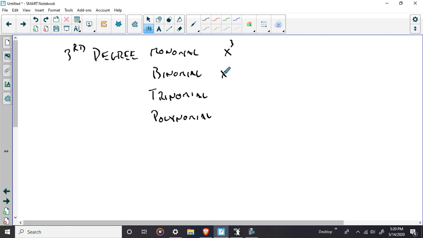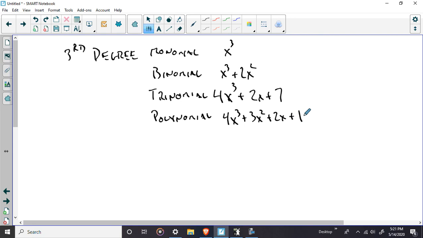Binomial, right? Third power. Trinomial, I'll say 4x cubed plus 2x plus 7, right? Or you can have 4 terms, right? We could say 4x to the third plus 3x squared plus 2x plus 1, right? All of these, since it's to the third power, we call cubic, okay?